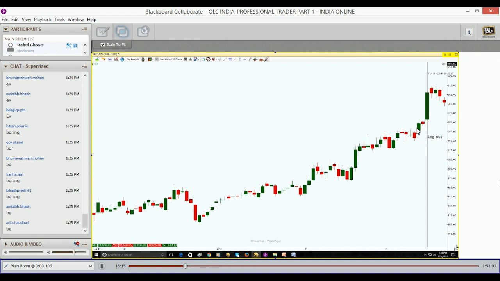But what about this green candle? Is it boring or exciting? Exciting, boring, or you guys are not sure?